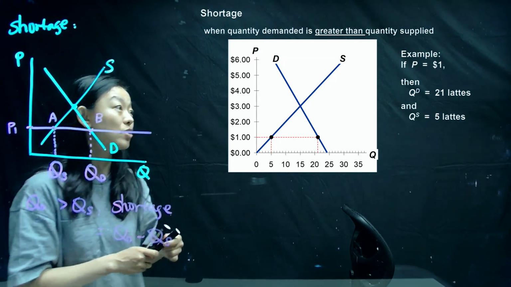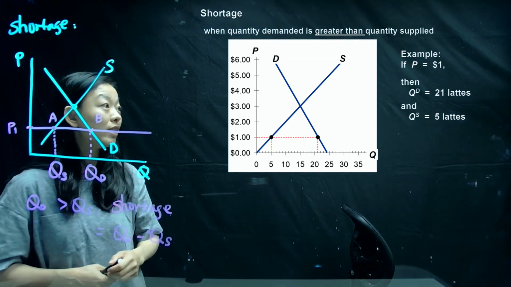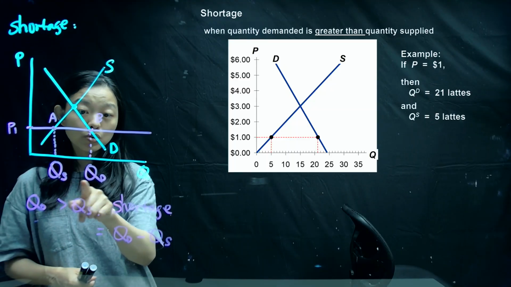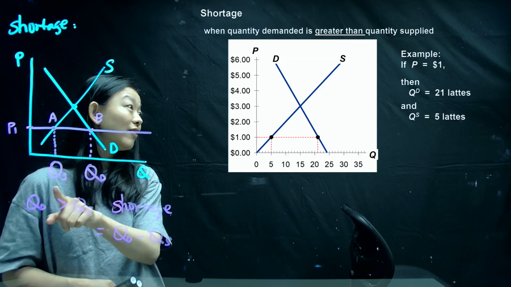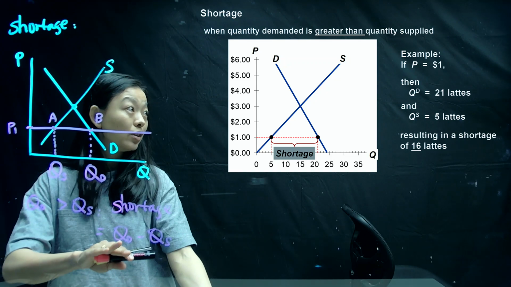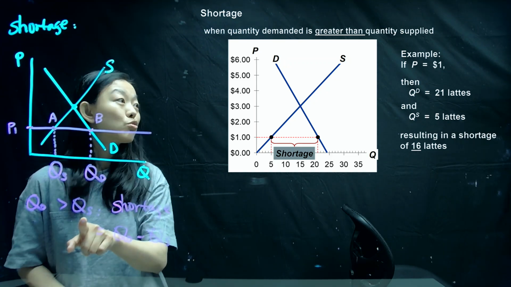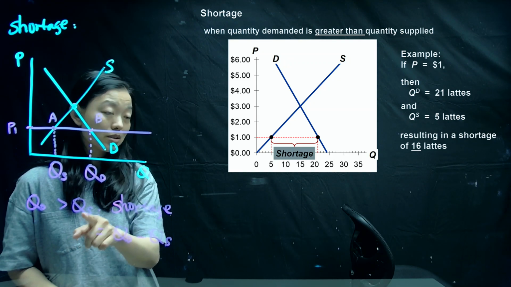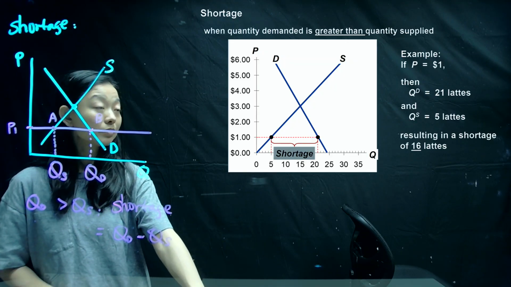In our case, you can notice when the price decreased to $1, the quantity demand now increased to 21 lattes, and quantity supply was just 5 lattes, right? Therefore, it will result in a shortage. You use quantity demand 21 subtract quantity supply 5, so totally we will have a shortage equal to 16 units.